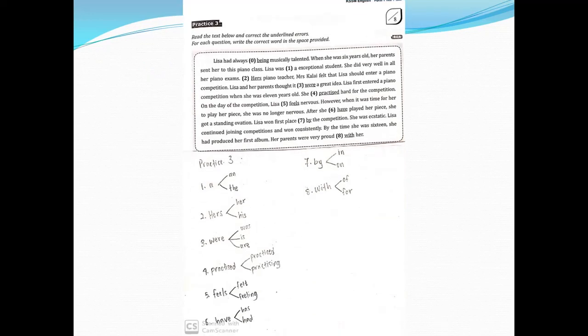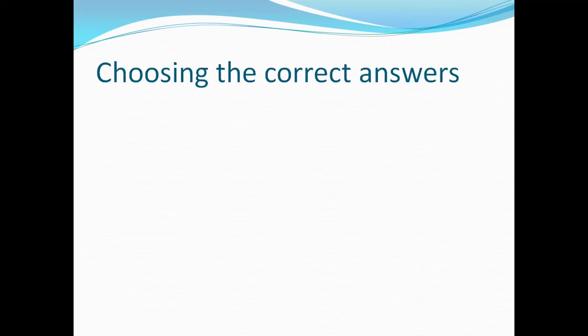As you can see in the example, it is an error correction question, and under it there will be space provided. So I will ask the students to fully utilize the space and brainstorm the possible answers for the words, like in the picture.